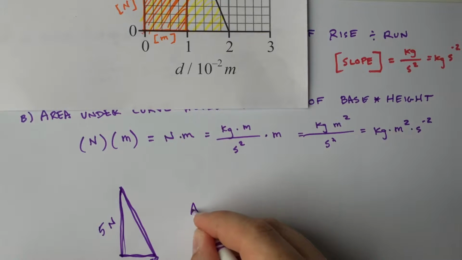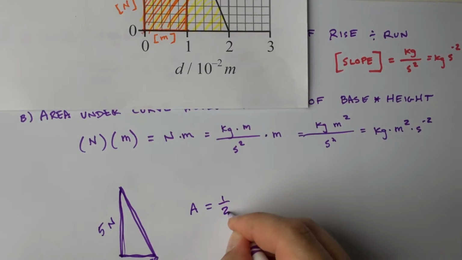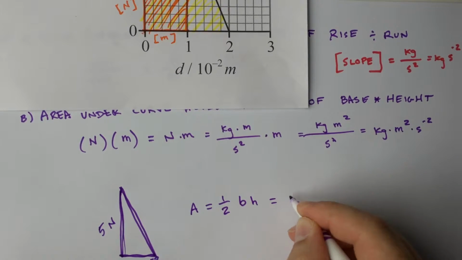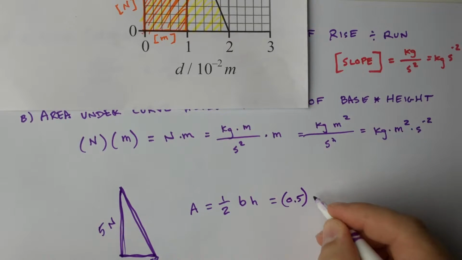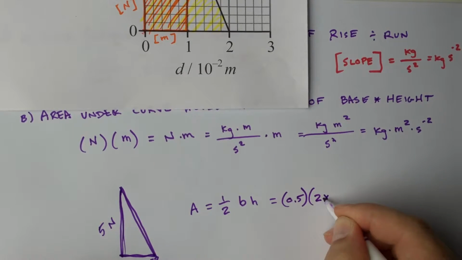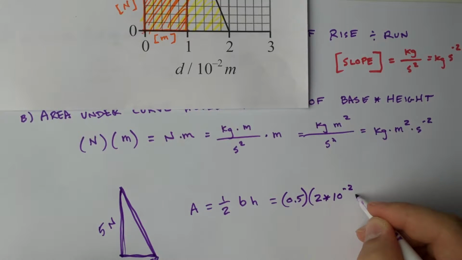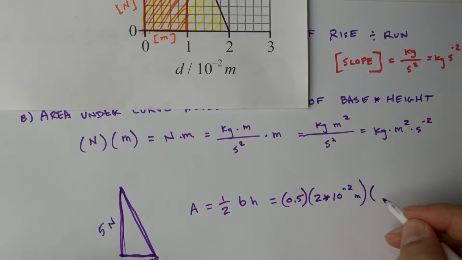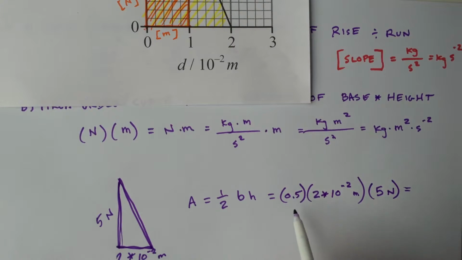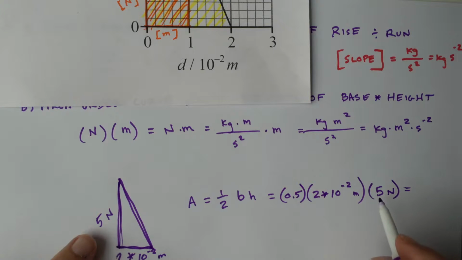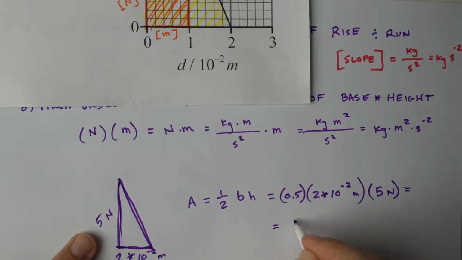And so the area of my triangle is 1/2 times the base times the height, which is going to give me 0.5 times 2 times 10 to the negative 2 meters times 5 newtons. We already checked to make sure that those units are going to work out for us. So we have 1/2 times 2/100 times 5, and we should end up with 5 times 10 to the negative 2 joules.